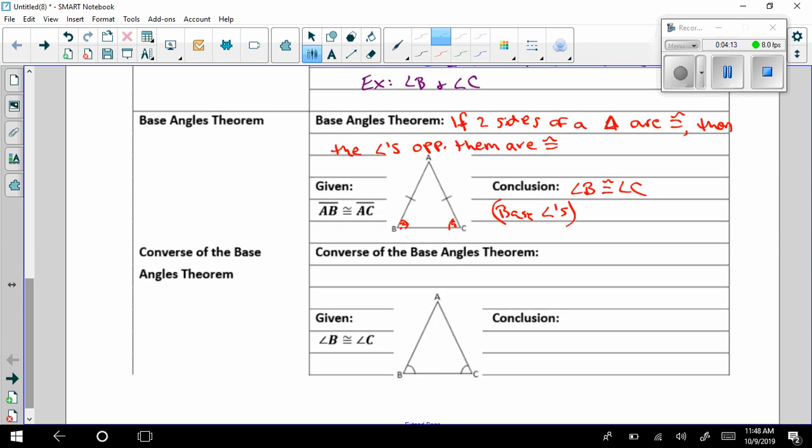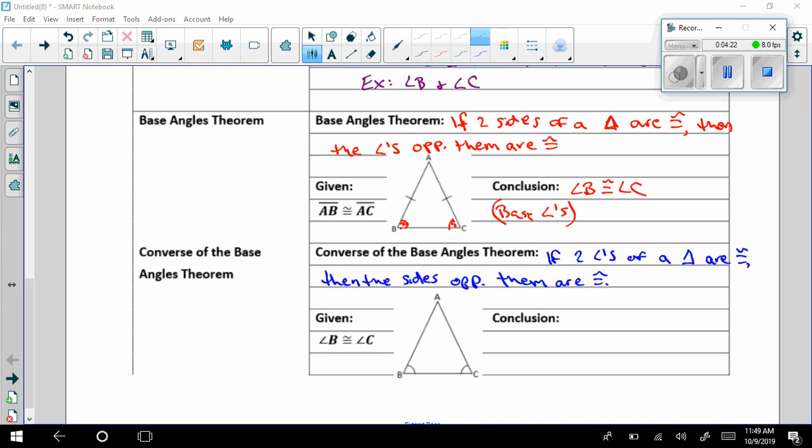All right, the converse of that is also true. So remember, in a converse, we switch the if and then. So go ahead and pause the video and try writing the converse statement for this. Okay, so if two angles of a triangle are congruent, then the sides opposite them are congruent. So we just go in the reverse order here.